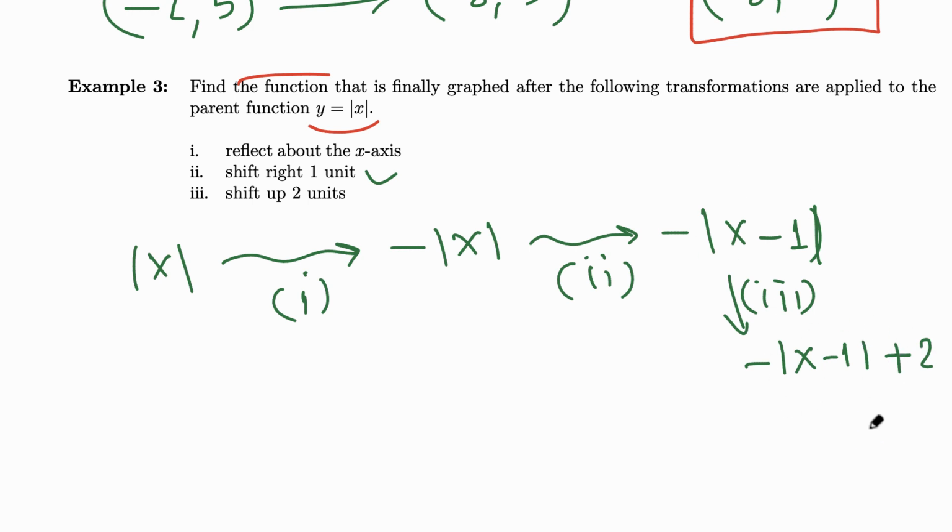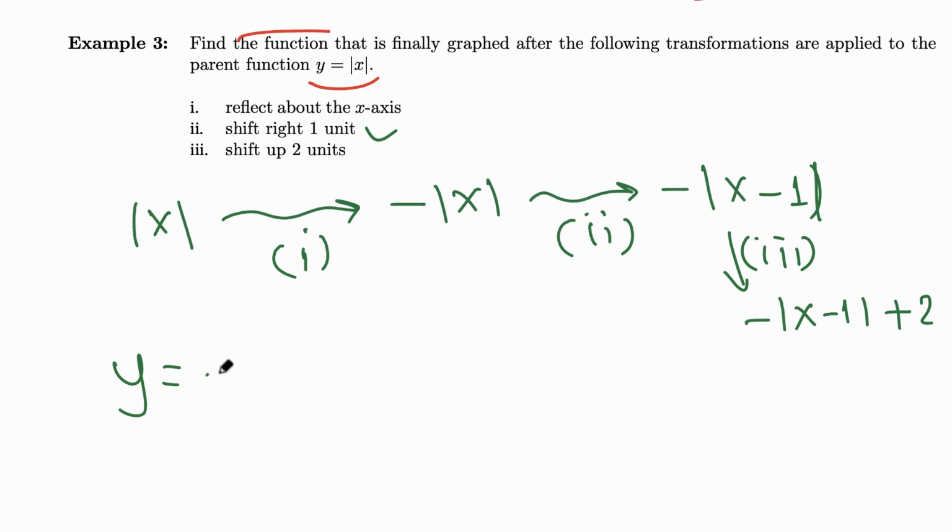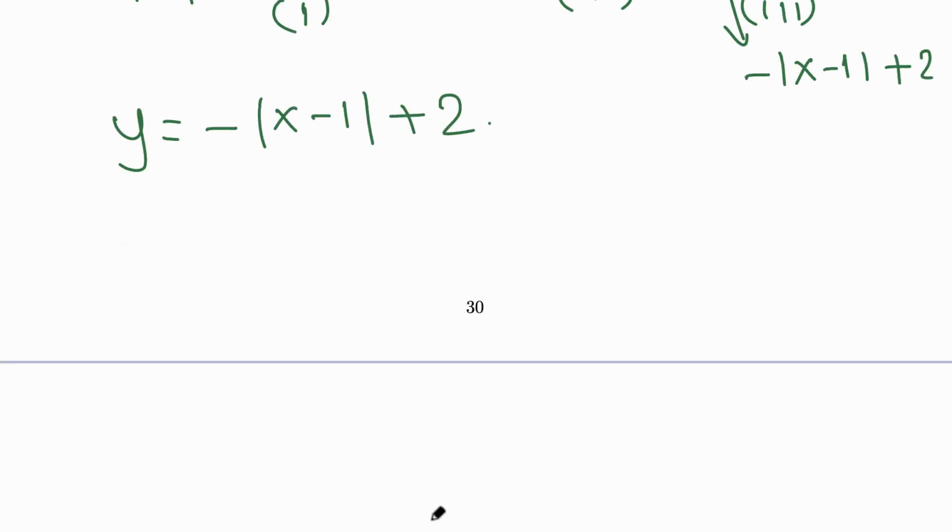So this is the answer we're looking for. The new graph is negative absolute value of x minus 1, plus 2. Okay, and that's it.